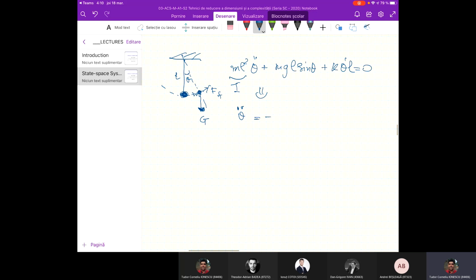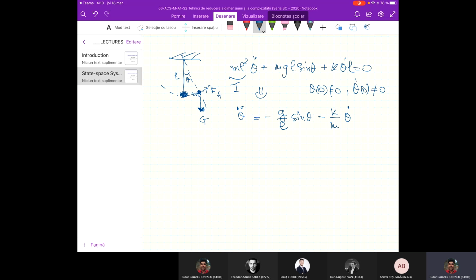Theta double dot is minus g over L sine theta minus k over m theta dot. Of course here we have to assume some theta 0 and theta dot 0 that are non-zero, so some initial angle and an initial velocity, because otherwise the pendulum is doing nothing.